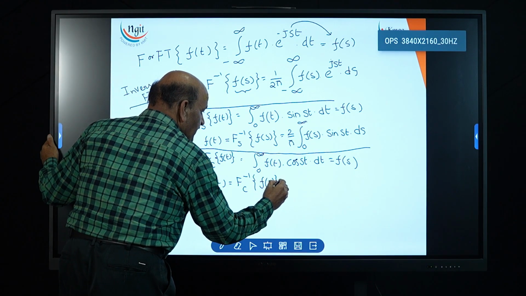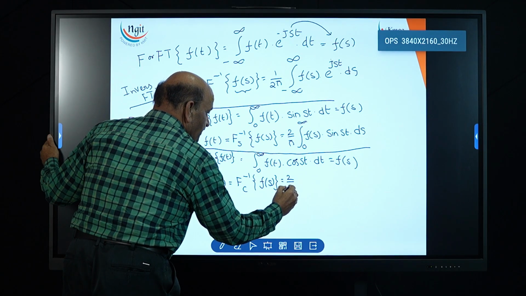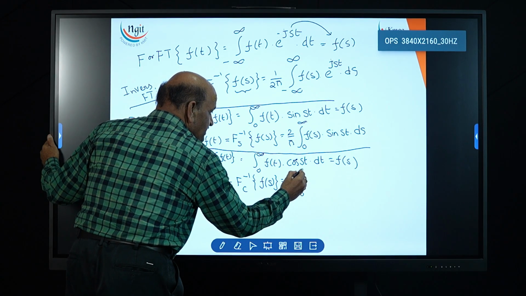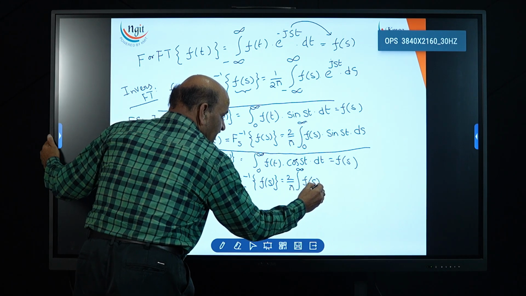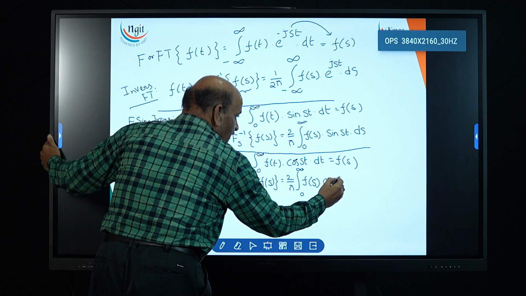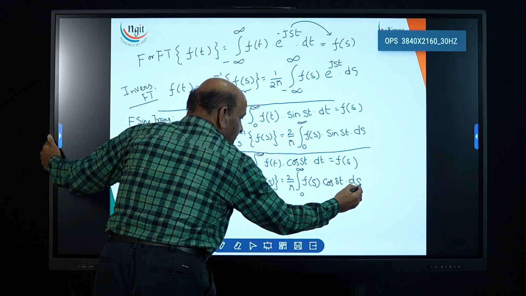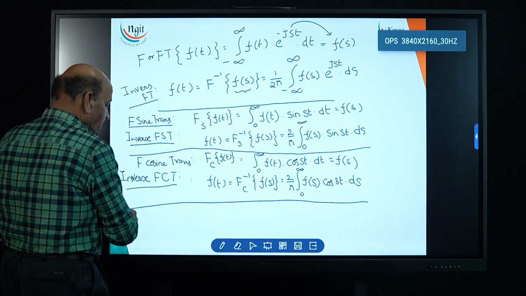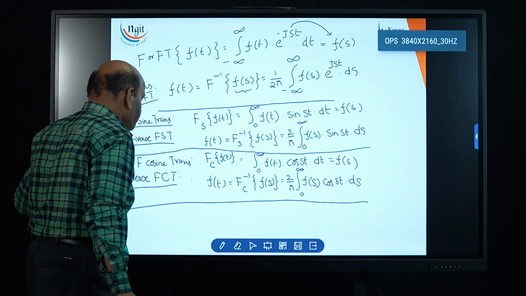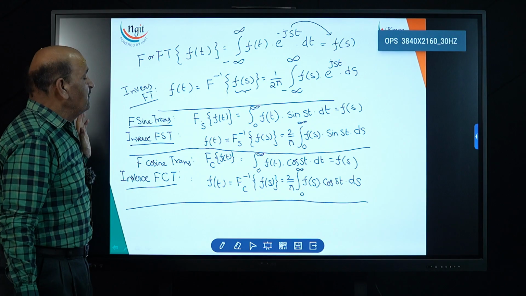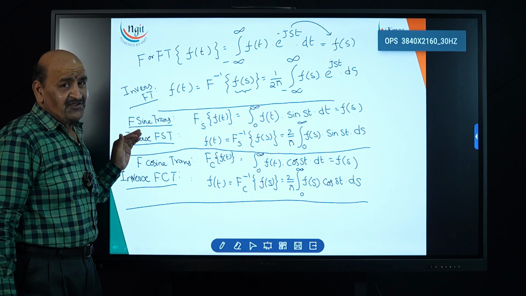Keep a constant 1 by 2 pi. There is no change in the integral, but instead of f of t we have to write f of s, the same cosine, cos st ds. These are the three important concepts in Fourier transformations.